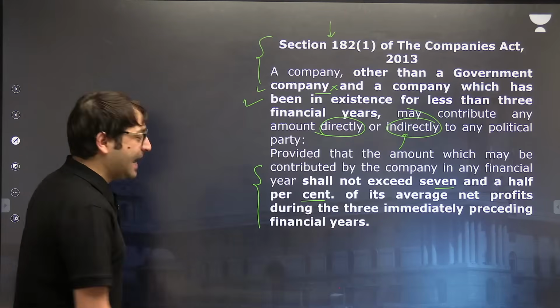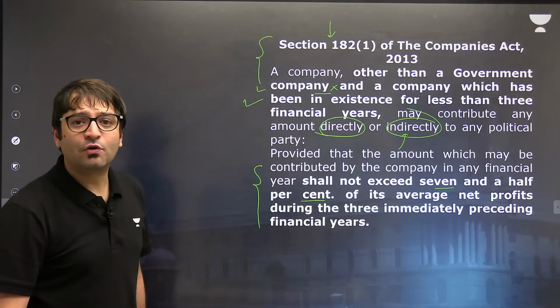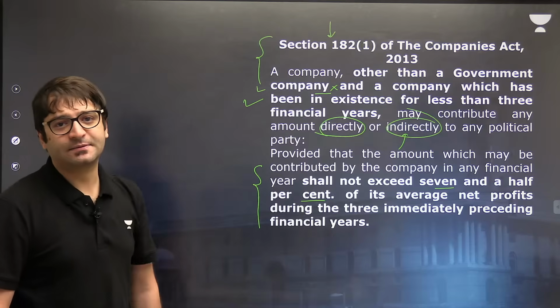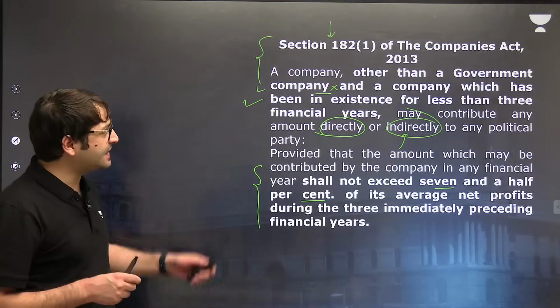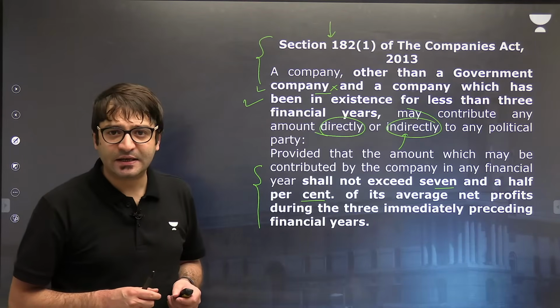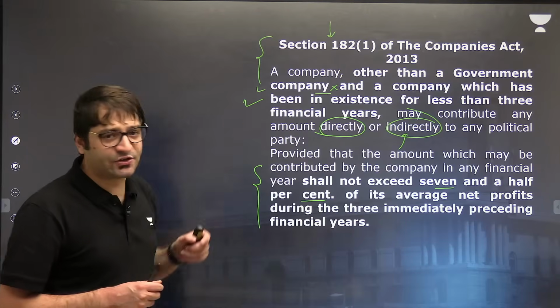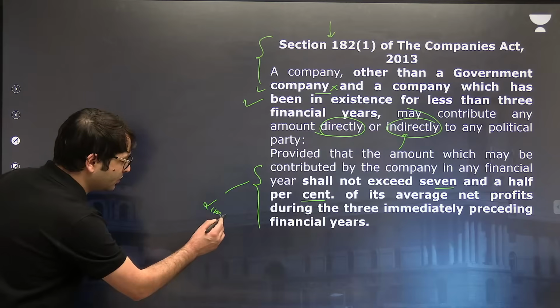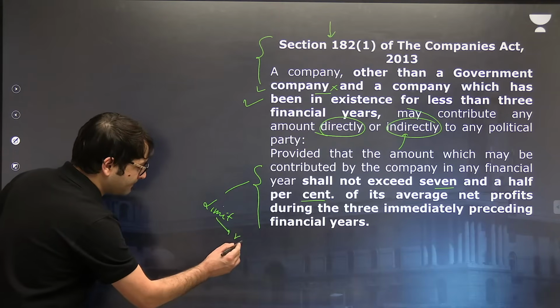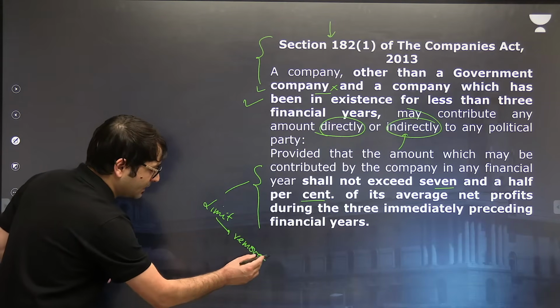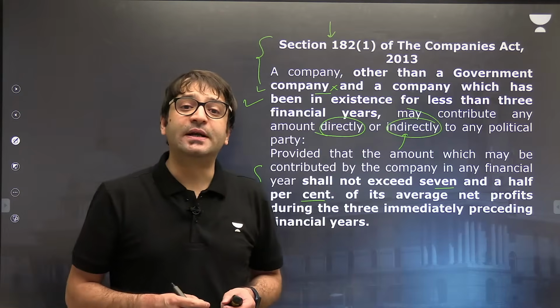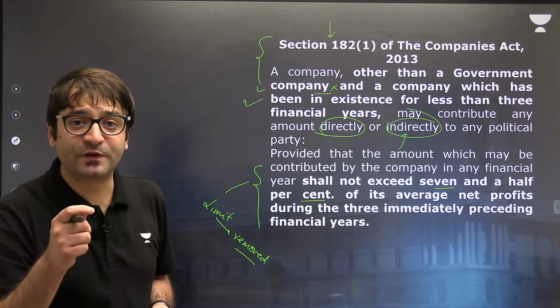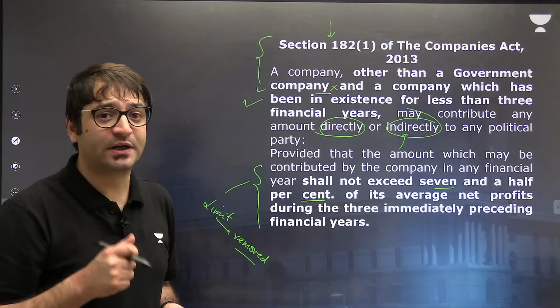That was the limit. And this limit was removed by the Finance Act. When the Finance Act was passed in 2017, which amended Section 182 Clause 1, this limit was removed. Now there is no limit to the amount of profit that can be donated to a political party.